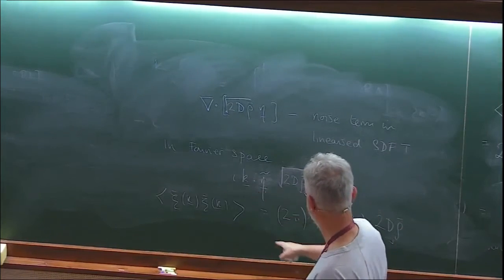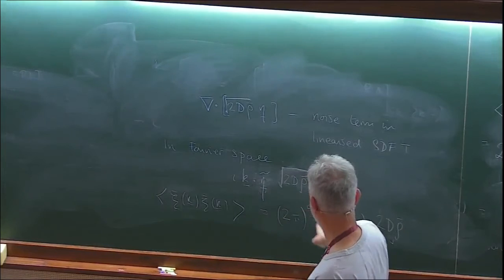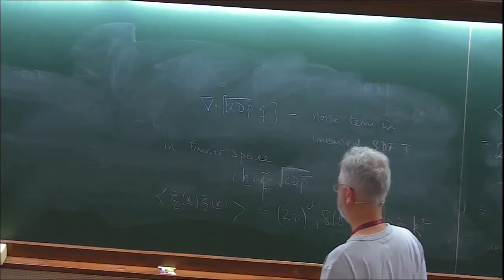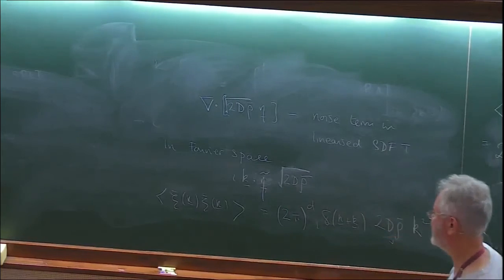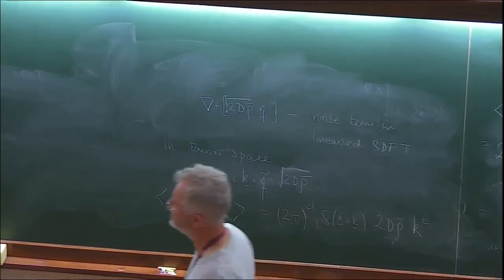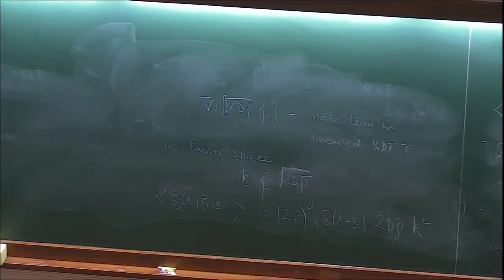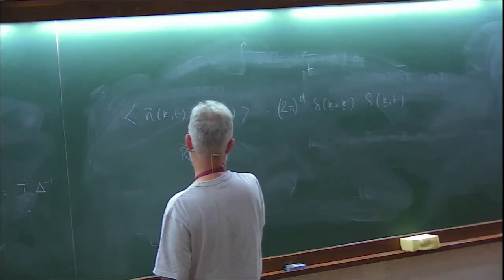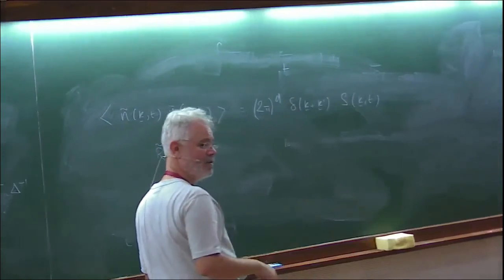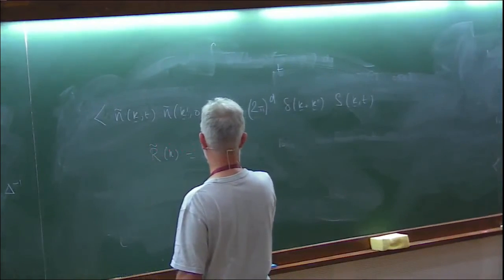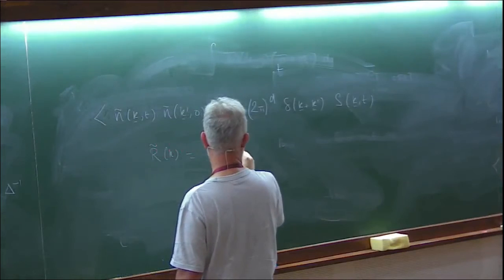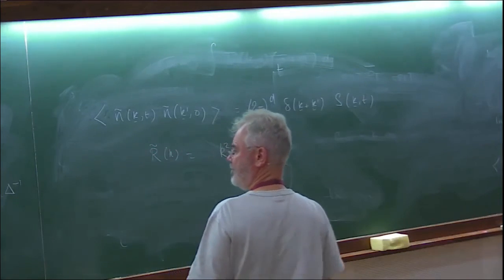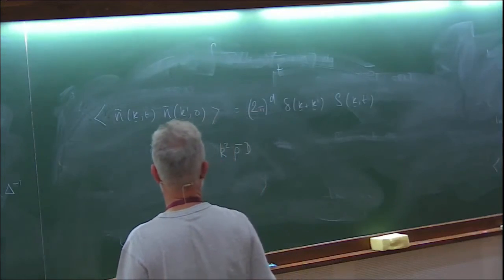When you work out this correlation, you have a k prime and a k, but you have delta of k plus k prime, so it basically gives you k squared here. So in Fourier space, acting on the Fourier modes, the operator r tilde of k looks like, if I take the Fourier transform of the original equation, k squared rho bar times d. That's the form of my r.